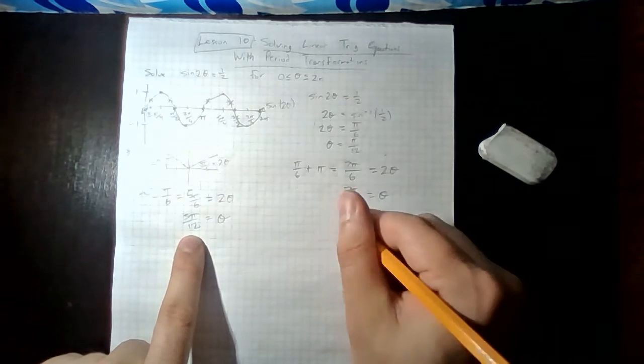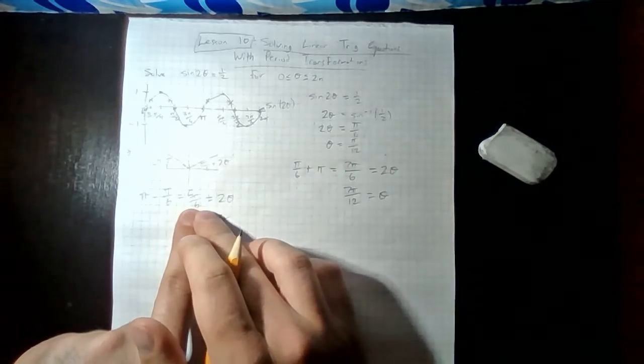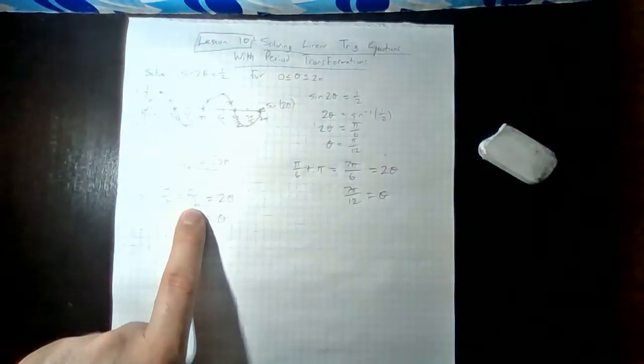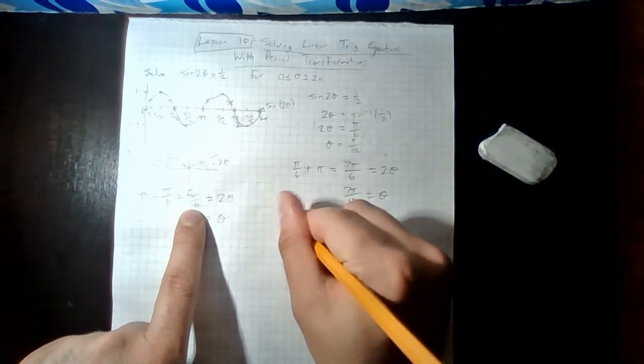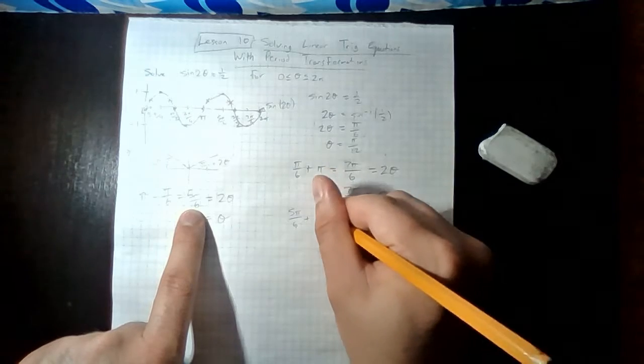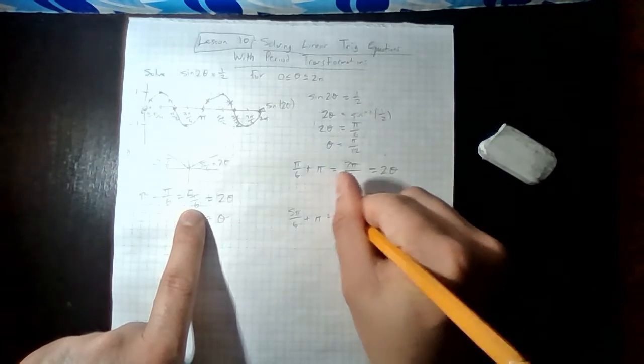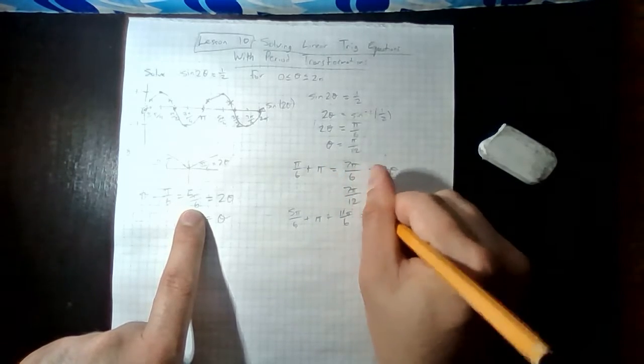And we do the same thing adding a period to our 5 pi over 6, because this is our sine of 2 theta. We add pi, we get 11 pi over 6. That again is 2 theta.